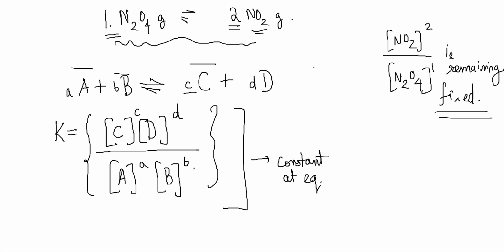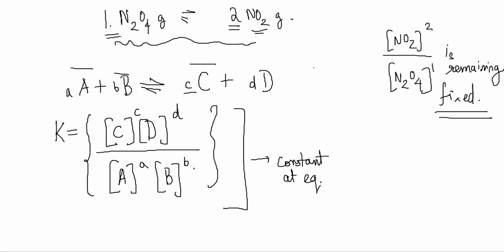The equilibrium expression is therefore given by Kp equal to, now see, instead of Pc and Pd, we will put [C]RT and [D]RT. And that becomes [C]^c [D]^d by [A]^a [B]^b, and RT to the power (c + d - a - b). Now what is [C]^c [D]^d by [A]^a [B]^b? That is Kc.